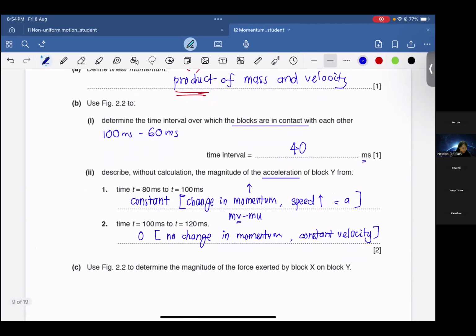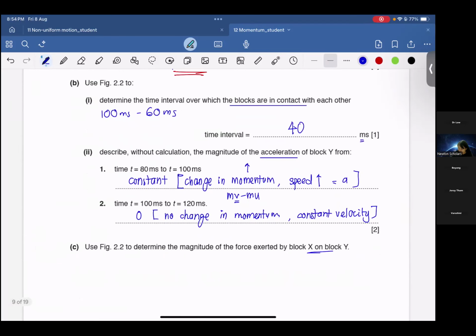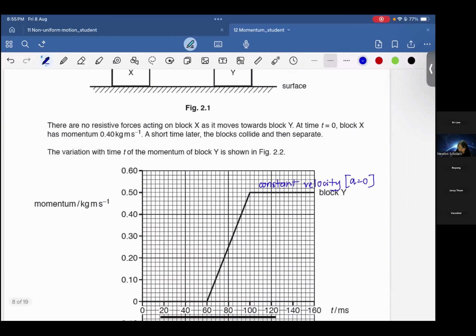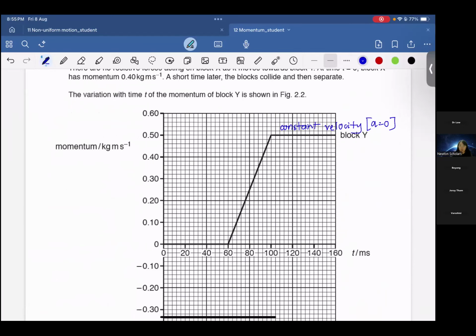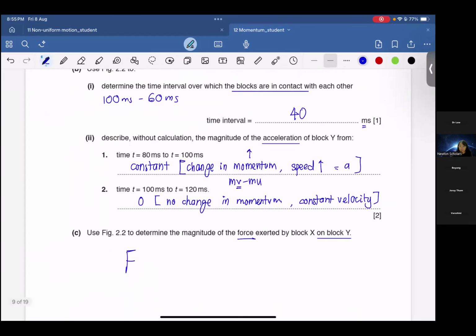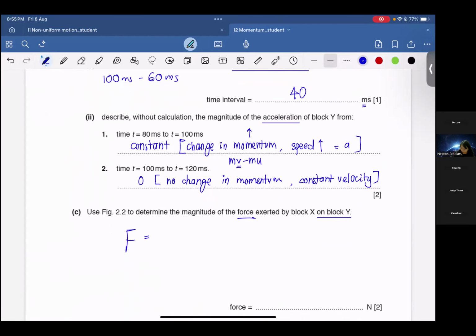Okay, boys and girls, we need to find the force acting on block Y. Force is related to the change in momentum, because this diagram shows momentum, so we should find change in momentum divided by time.